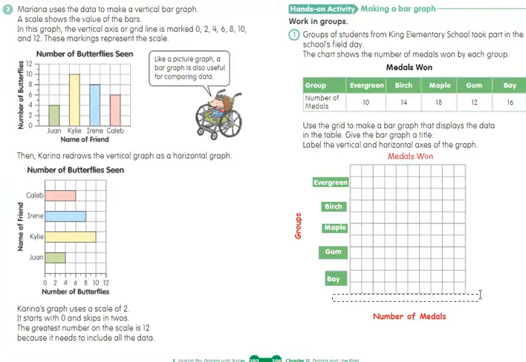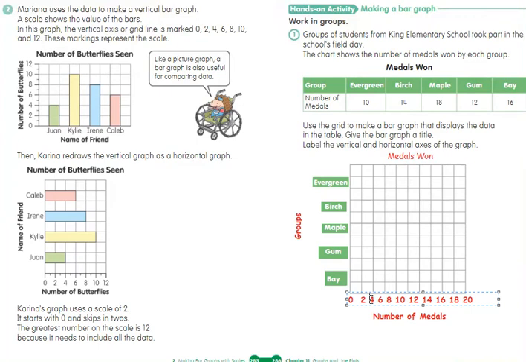Remember, you always start off with 0. So I have 0, 2, 4, 6, 8, 10, 12, 14, 16, 18, 20. And they line up just about here. Let me move them over.